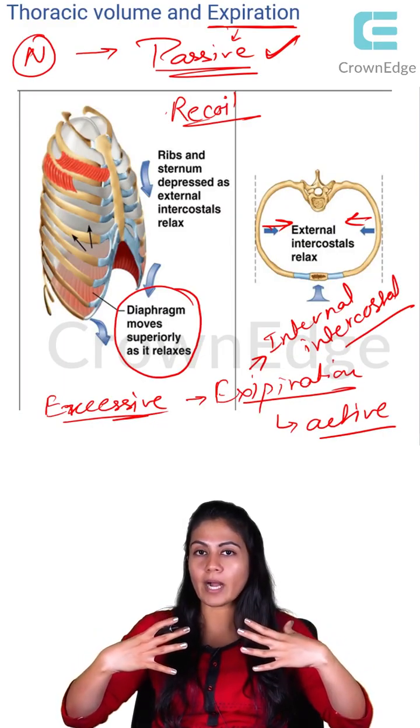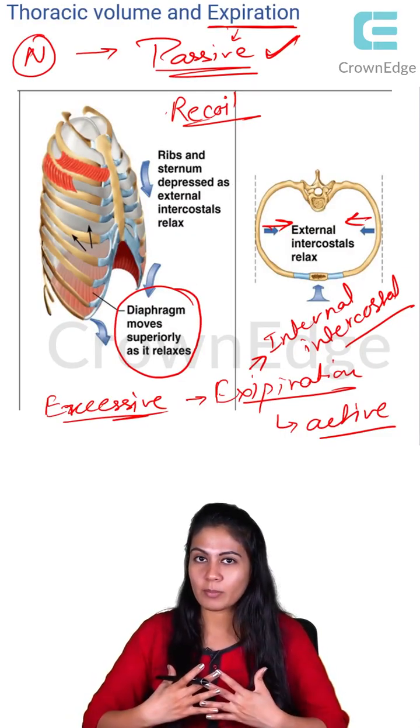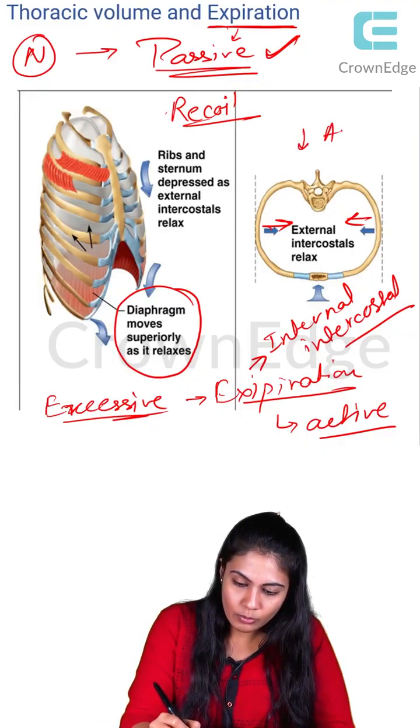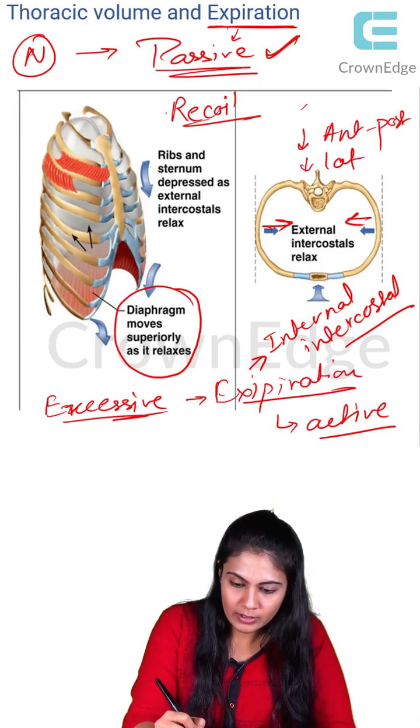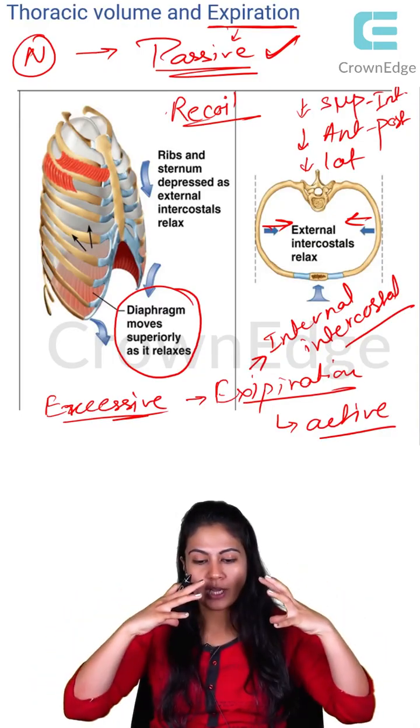Now they want to come back to their normal size and normal position, so everything will be decreased. The anterior posterior diameter decreases, the lateral diameter decreases, and the superior to inferior diameter is also decreased. So everything is coming back, and the alveoli are also recoiling.